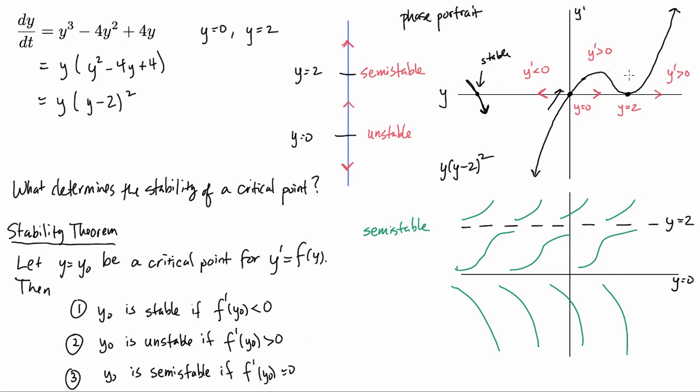Notice we had the tangential touch here, so y prime was 0 at that particular point, which is another way of saying f prime of y naught is 0. So these are the three possible cases. We've got stability if we're traveling down through the point, instability if we're traveling up through the point, and if we just touch the point leading to a multiple root like we had here, y equal to 2 was a repeated root, then that gives us semi-stability. Those are the three possible cases for critical points.